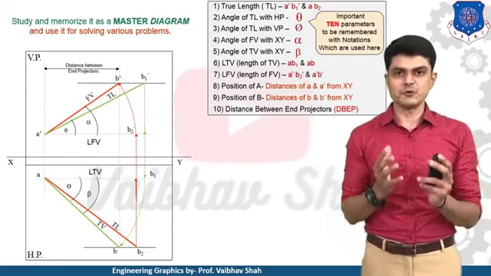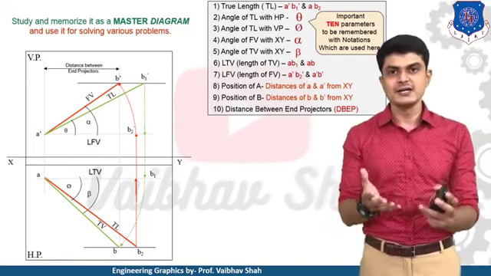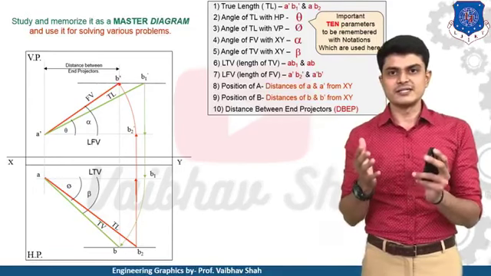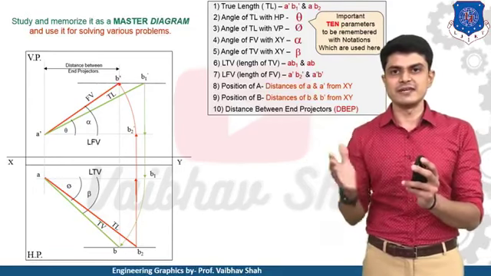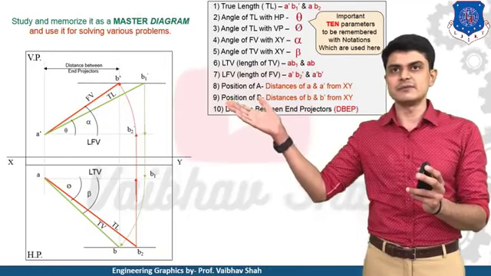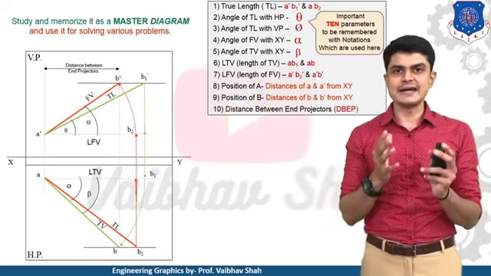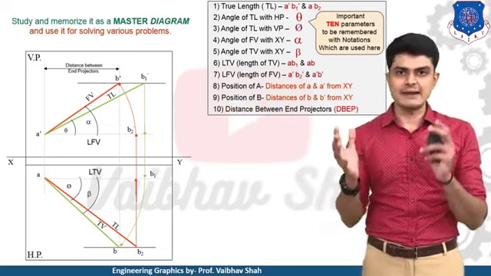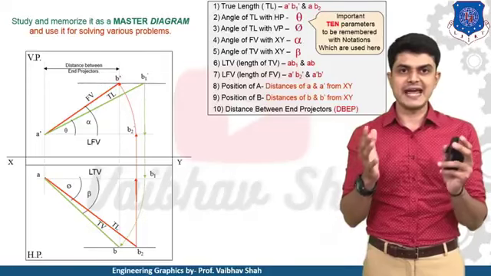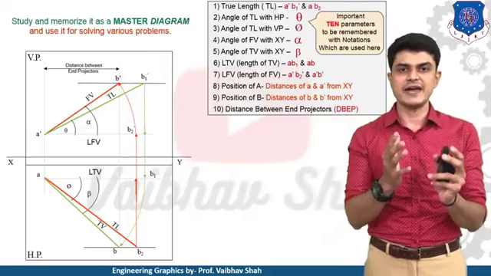So in examination of projection of a point, we have seen that the distance between the projectors should be 30 mm, right? So in that, the projector distance means the distance between A dash A and B dash B should be 30 mm. So here the distance between end projectors means what? The ends of lines A and B, right? So you should first find out the projectors of the ends.